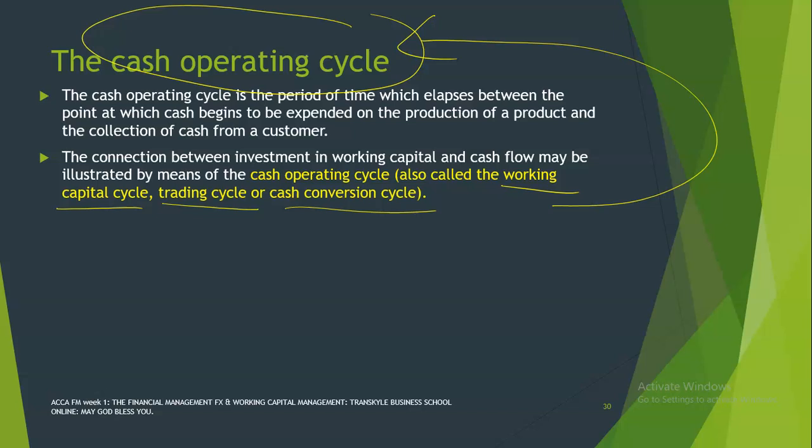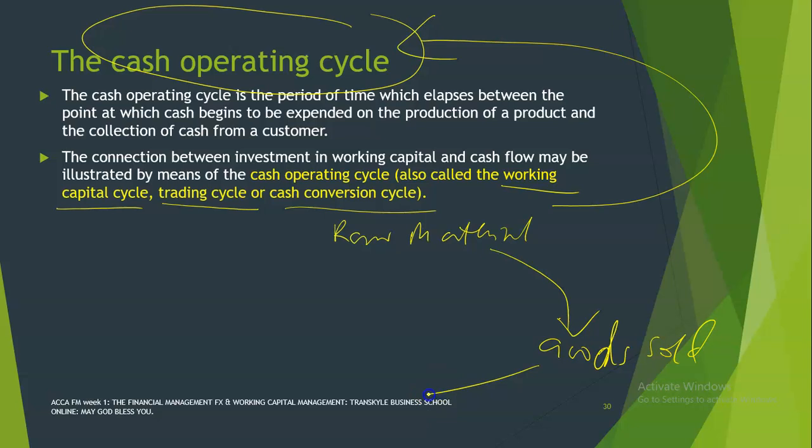So we are simply saying that the cash operating cycle is that period of time from the purchase of raw materials, then conversion. We convert that material and we get finished goods, and the goods are then sold.